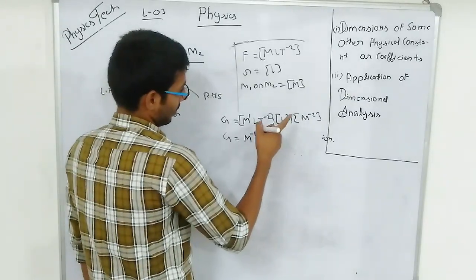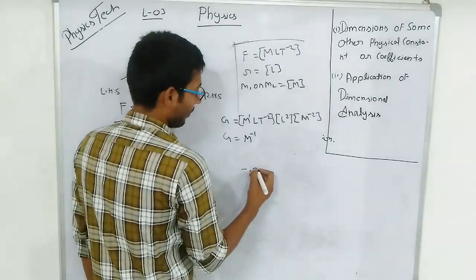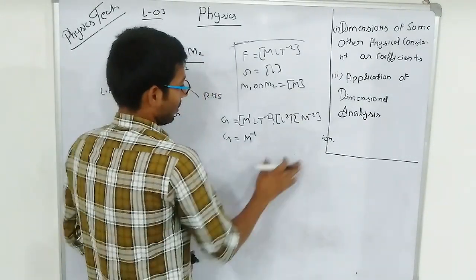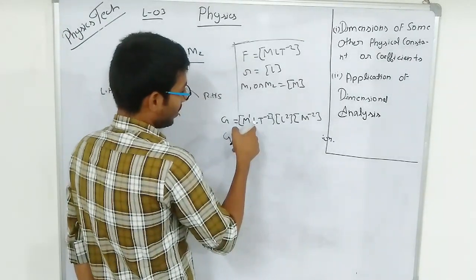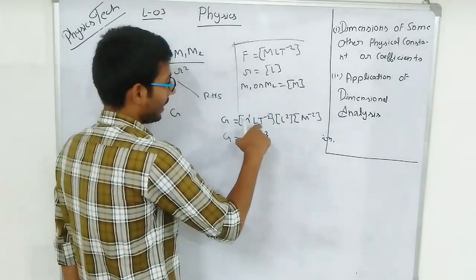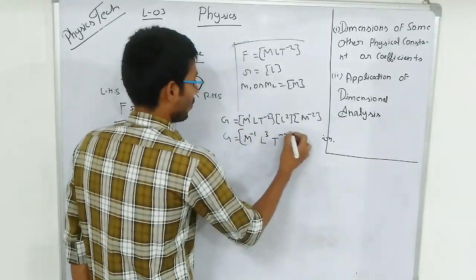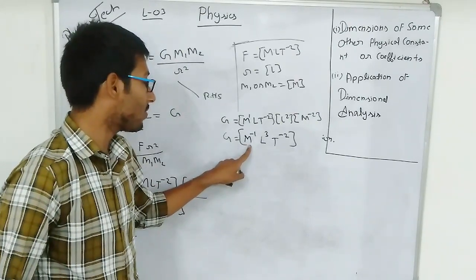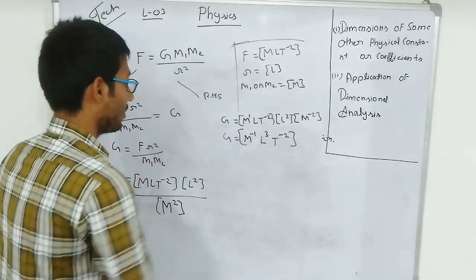We already know that plus and minus gives minus. Minus 1, L and L square means L base 3, and here T base minus 2. So the dimension formula of capital G is M base minus 1, L base 3 and T base minus 2.